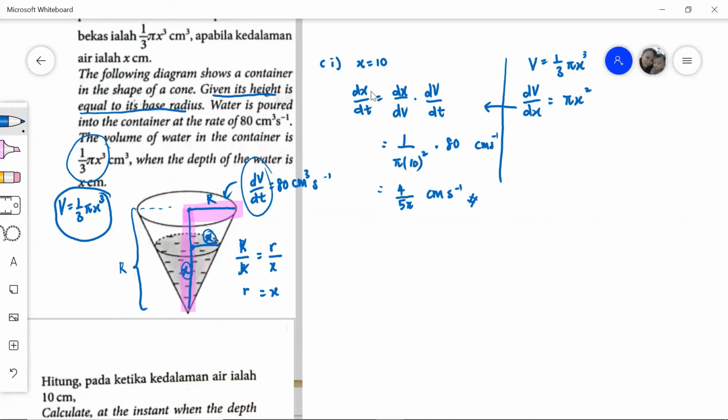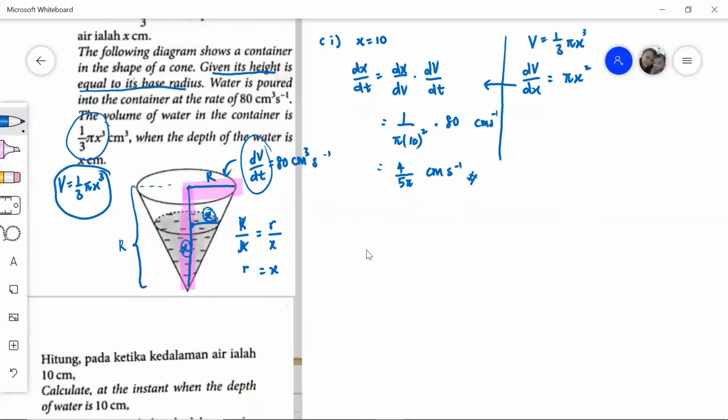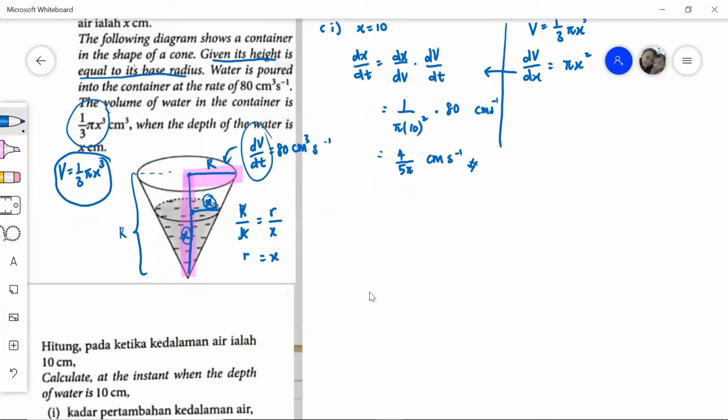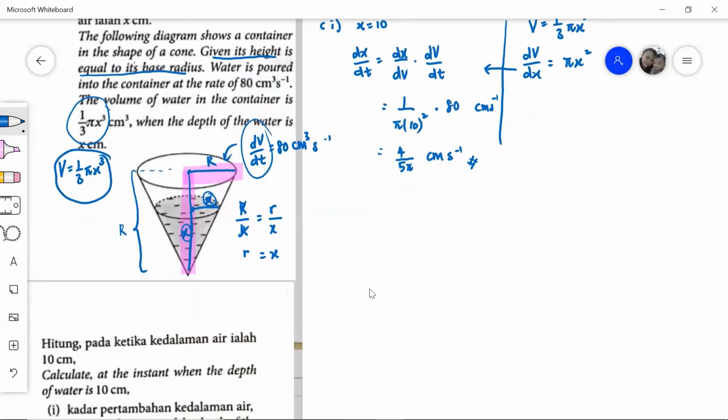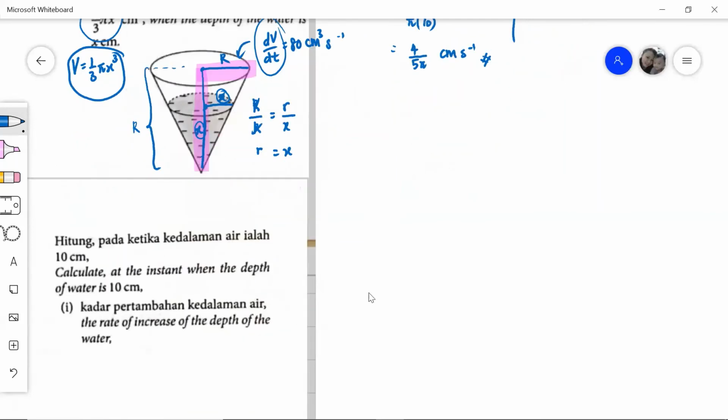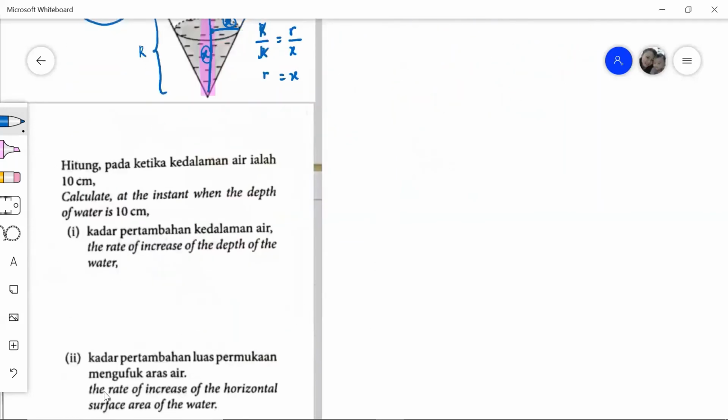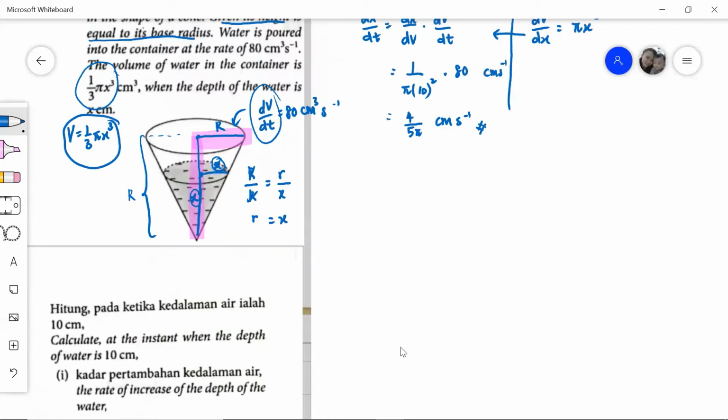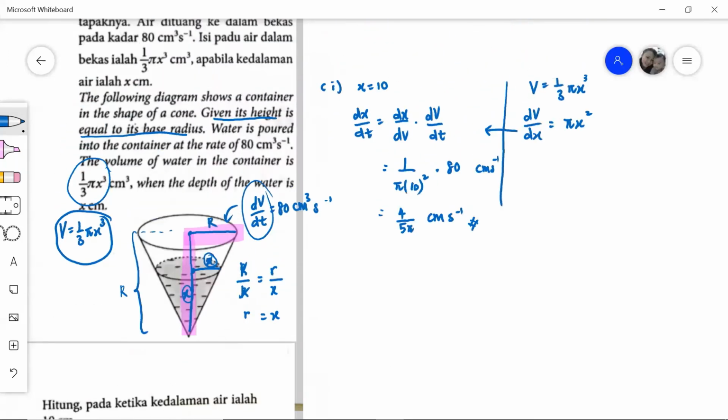Okay, now next, let's move on. This is part 1. And then part 2, we have to find the rate of increase of the horizontal surface of the water. So we are looking for the change in terms of this. Part 2, the rate of change in terms of the surface area of water.